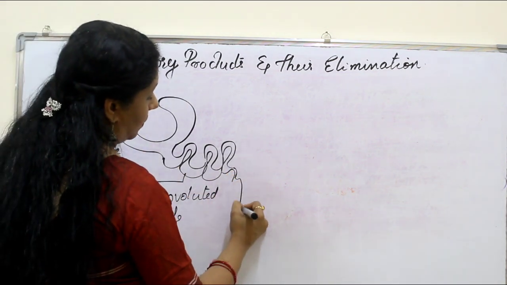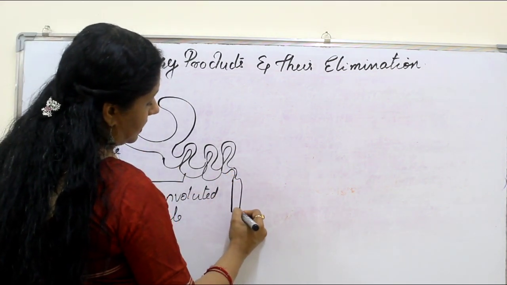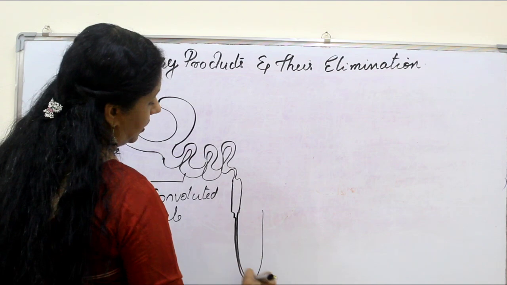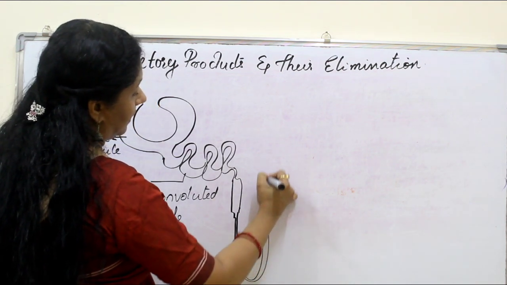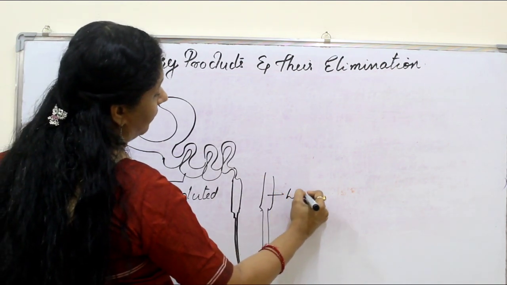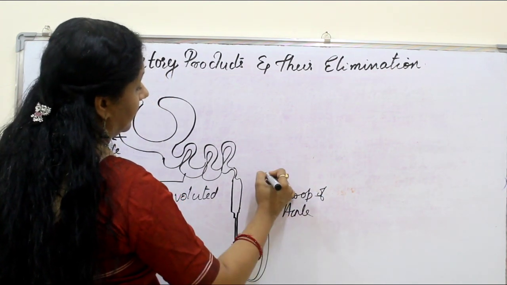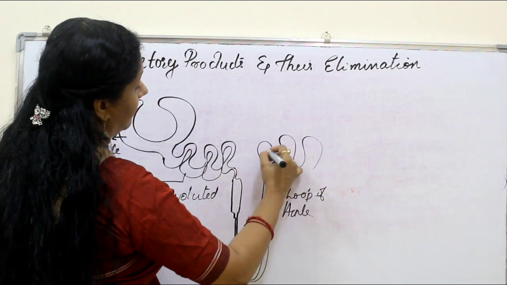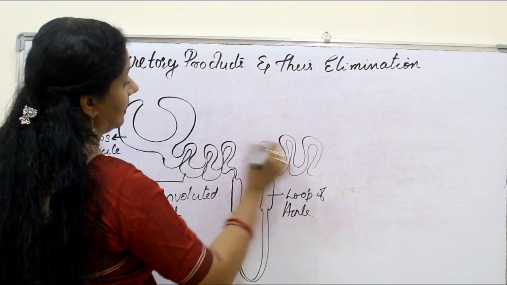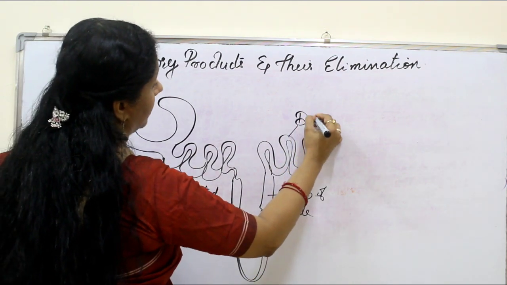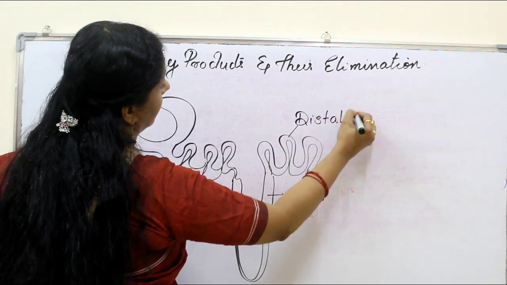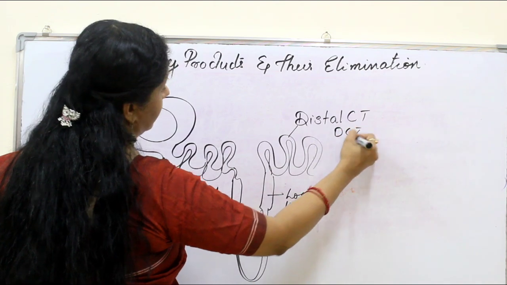Then it comes down, then narrows down and forms a U-shaped loop, that is called a loop of Henle. Then again another coiled part is coming, which is away from the Bowman's capsule. So it is called a distal convoluted tubule or DCT.